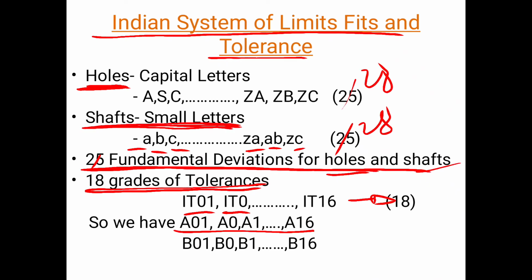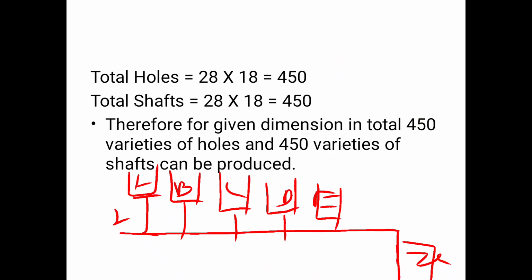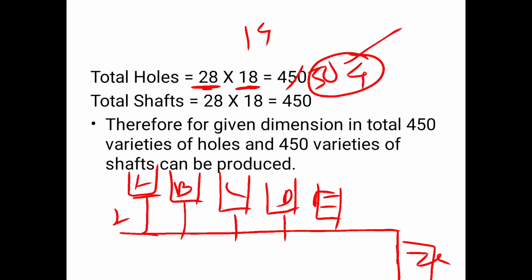For A there are 18 tolerance grades, for B 18 tolerance grades, and so on up to ZC. So the total number of holes is 28 and 18 tolerances, so there are a total of 504 types of holes present for each type of hole.